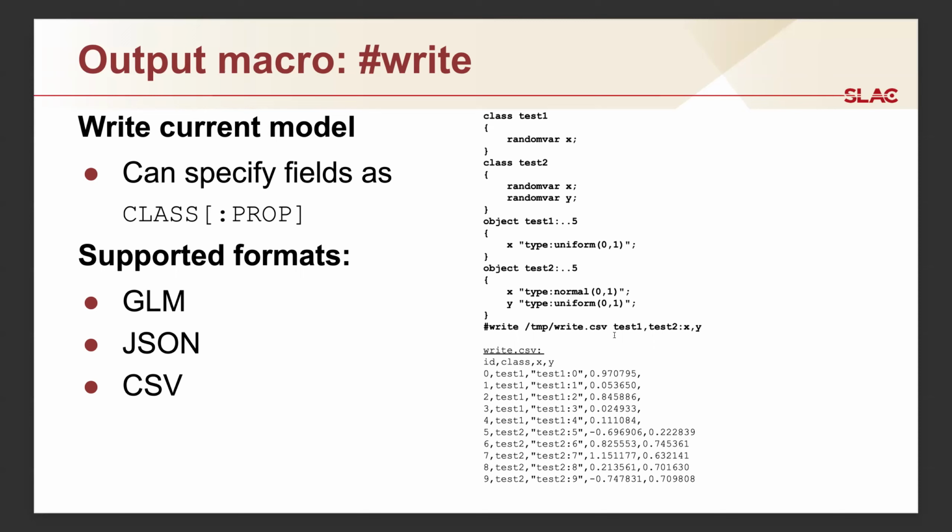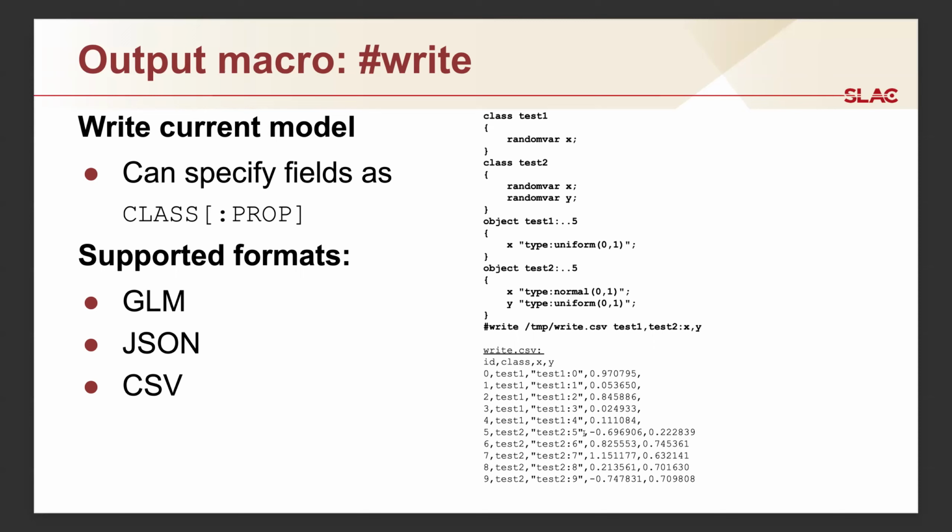But here's an example of a couple of test classes and test objects that are created and then written out to CSV for processing by some other portion of the system as necessary.